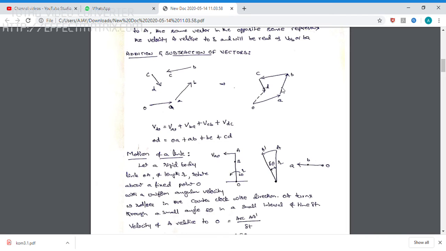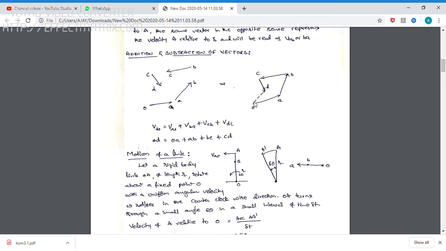From this point onwards, you construct this line with a suitable scale in the same direction. Now indicate one arrowhead and mark that point as B, and continue the same procedure. Next BC, we observe in the same direction. I draw this diagram. Next CD is there. This is the end point D.